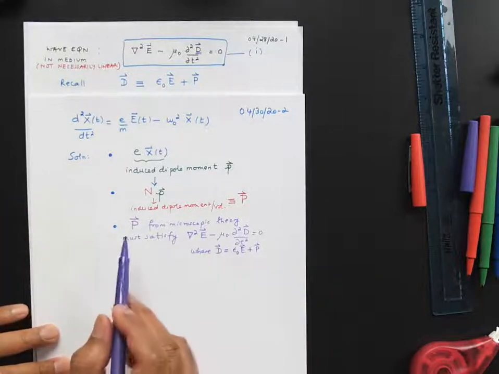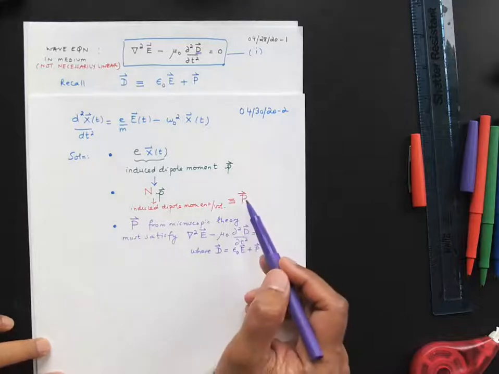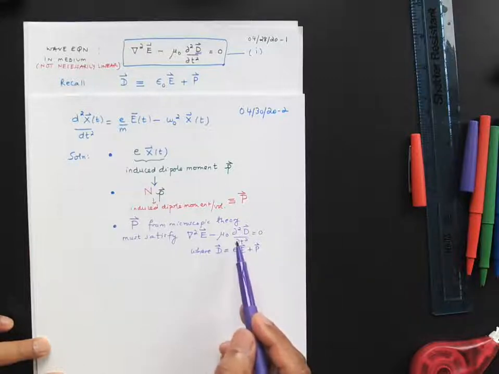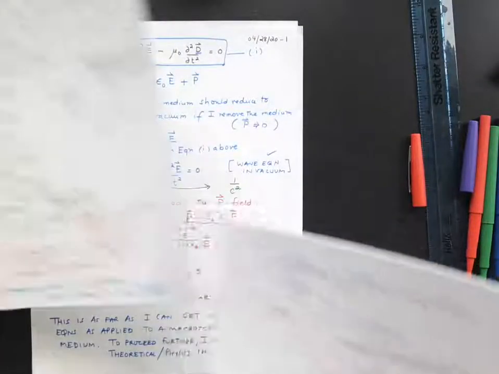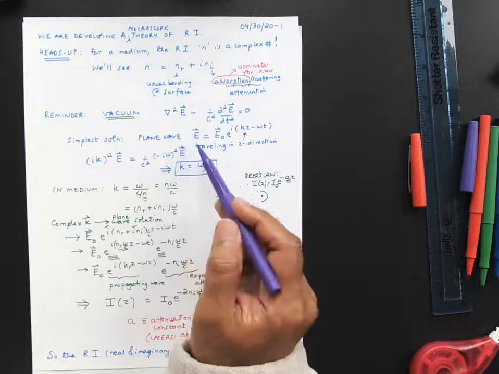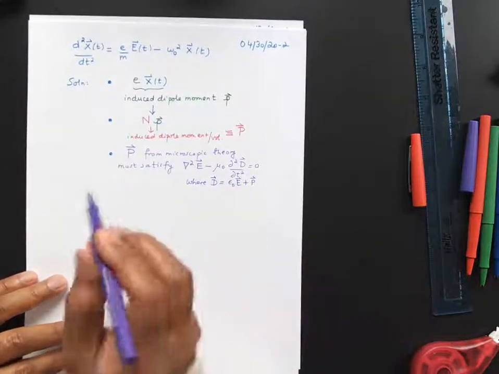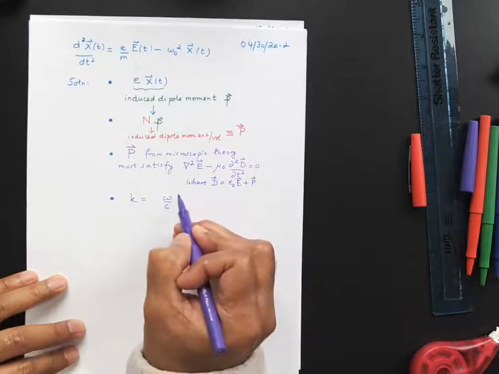Okay, so when I make this connection, by plonking the P determined from the microscopic theory into the wave equation, just as I found the relation k equals omega over c from the wave equation, I should be able to find the new relation, k equals omega over c times something.